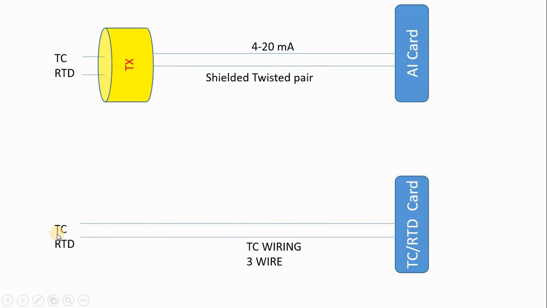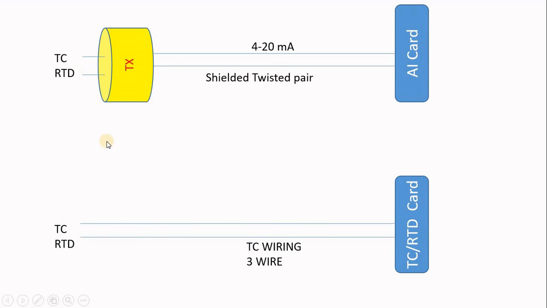The problem is, if you have one or two or three, then you'll have one card for each thermocouple. But the other problem is the wire. For an RTD you need 3-wire cables. For thermocouples you need a special cable for each type of thermocouple.